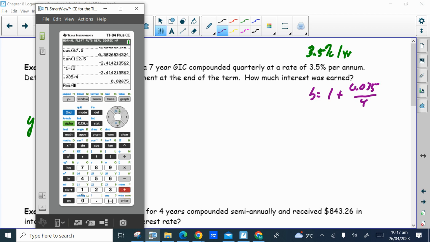And again, you have to add 1 to it because every quarter you're going to have 100% of what you had plus 0.00875 more. So B would be 1.00875.